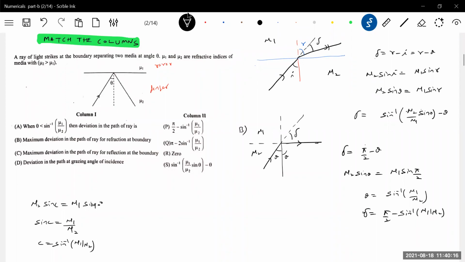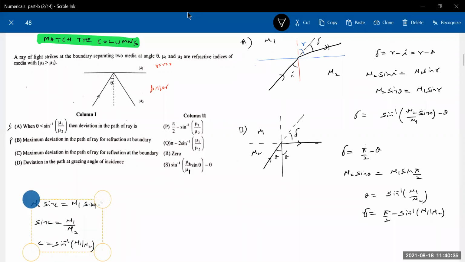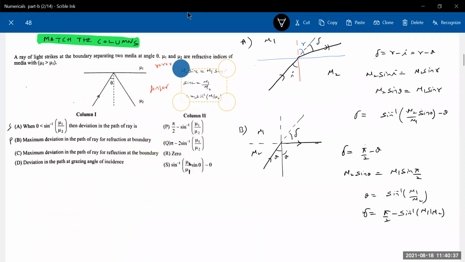Option A, B. A we got it. Okay, I'll make a correction here: mu2 by mu1. Maximum deviation, the path of ray for reflection at the boundary. Reflection at the boundary means this is given, no? We'll keep it here.